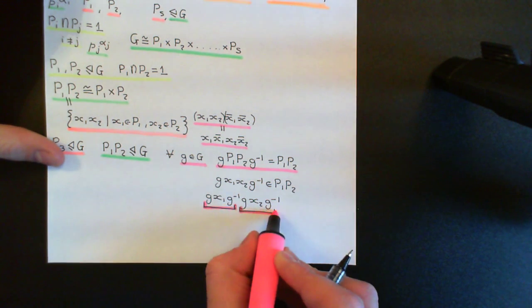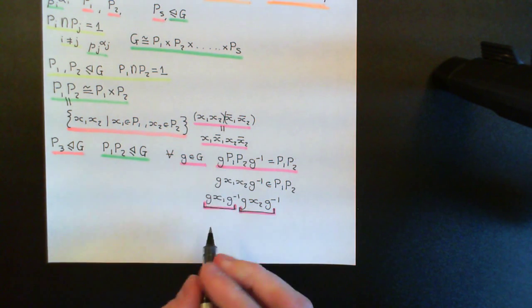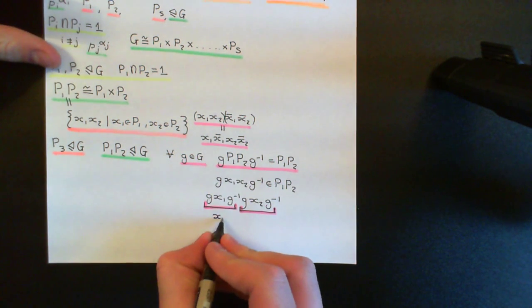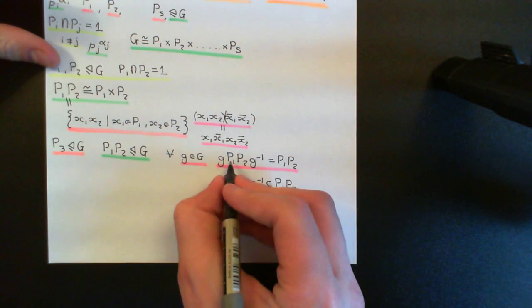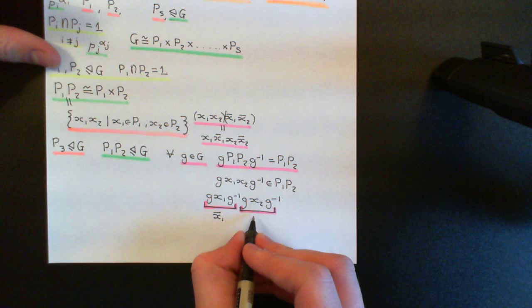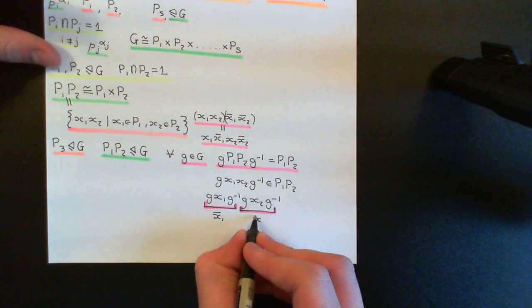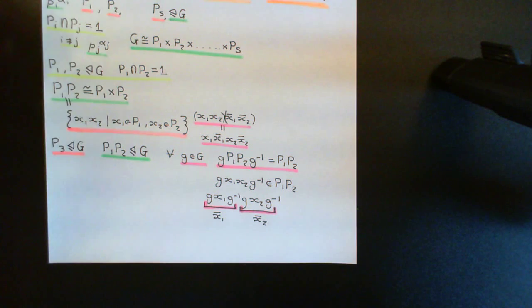Okay, little x1, remember, is an element of capital P1, which is a normal subgroup of capital G. So this is going to be some little x1 bar, some other element of capital P1. And here we have a little g conjugate of little x2. Again, because capital P2 is a normal subgroup, this is going to be some little x2 bar here.